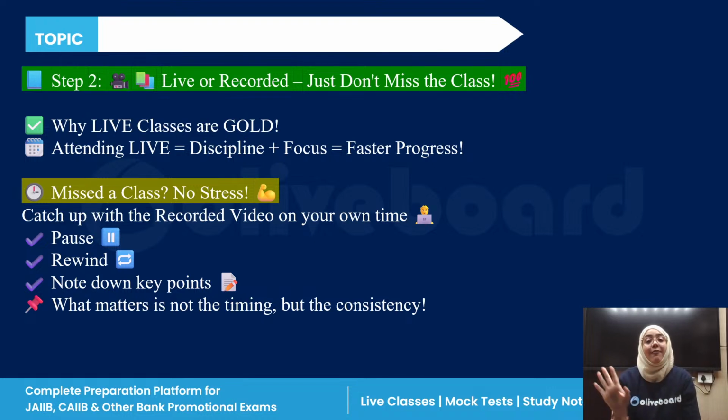Don't keep it pending for the next or next-to-next day. So, live classes, first thing. Missing out, no worry, watch the recorded session. Then you have to maintain discipline in this class, because if you are missing any one class, then you are missing 2 to 3 units. And that is not a good way of clearing the examination.